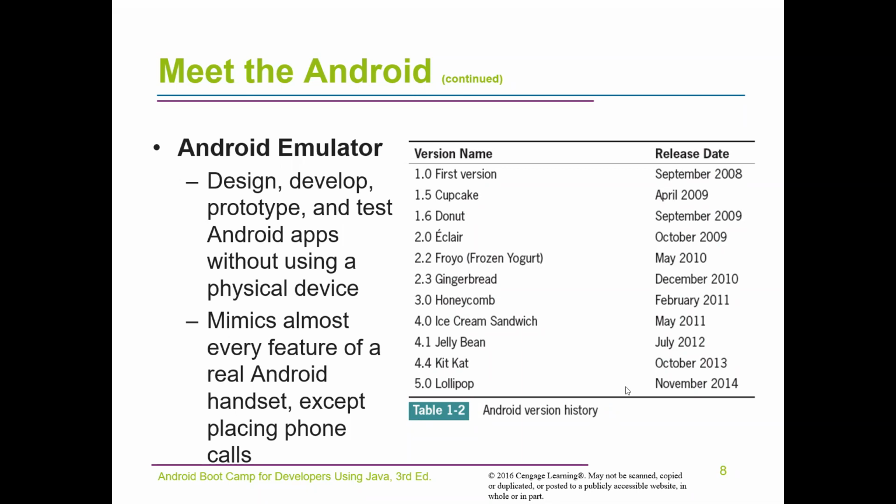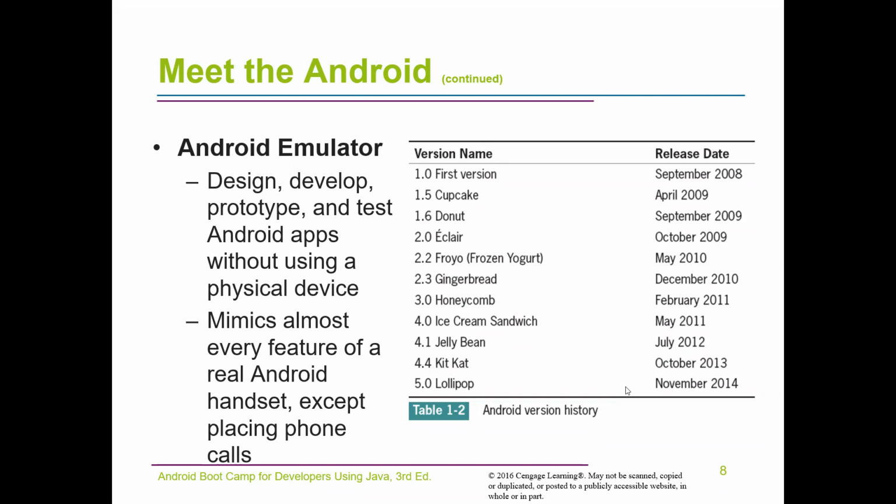Okay. Actually, I mentioned it a while ago, but let's focus now on the versions. So there's a version from 1, 1.5, 1.6, and so on. So as you can see, there's an alphabet, okay, in the different versions. But the release date is based on the date that it was created, which is the first version in September 2008.